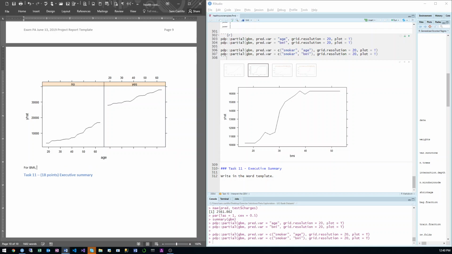For BMI, it looks at first like BMI increases medical costs directly.